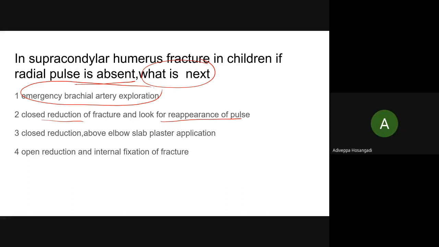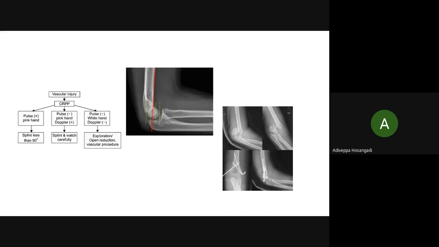You get a pulse, half the job is done. Then open reduction depends on whether the alignment is acceptable or not. If the alignment is acceptable, pulse is already there, then you are done with the job. You don't subject the patient to vascular surgery. Okay, I'll come to that algorithm later. So vascular injury in a supracondylar fracture in a child.